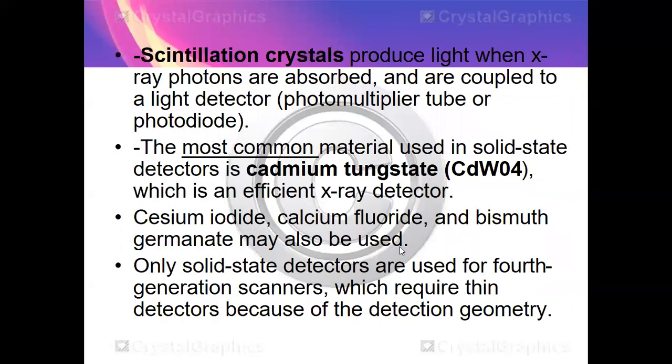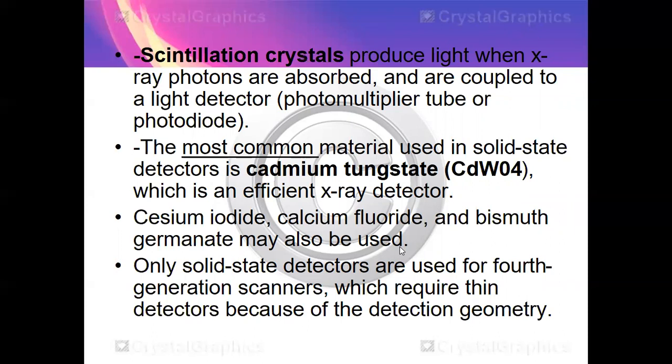Another one, we have the scintillation crystals. Di ba meron tayong gas ionization detectors. We also have the scintillation crystals. So the most common material used in solid-state detectors sa ating CT scan is cadmium tungstate. So this is an efficient X-ray detector.